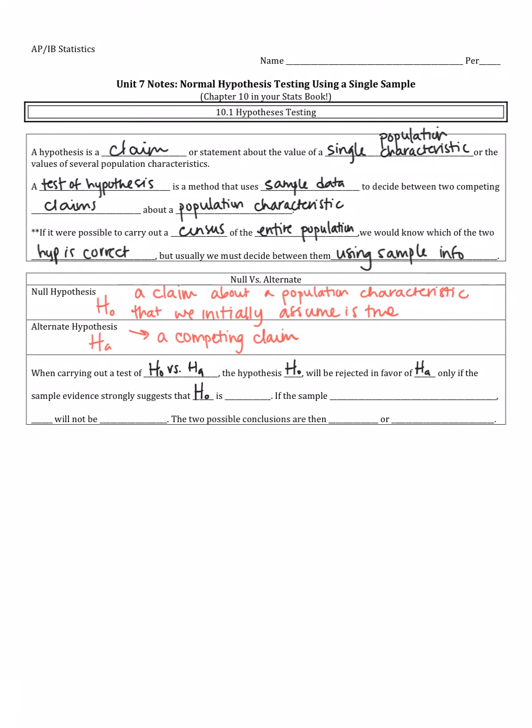If the sample does not provide enough evidence, then the null will not be rejected. So basically, our two possible outcomes of a test are either to reject or fail to reject the null.